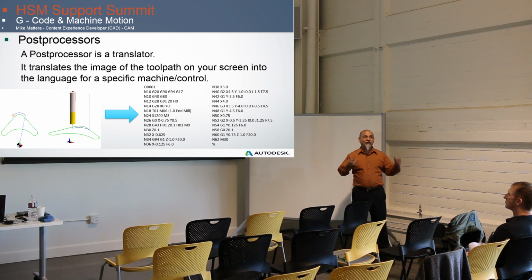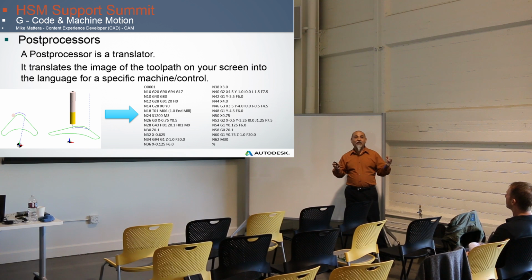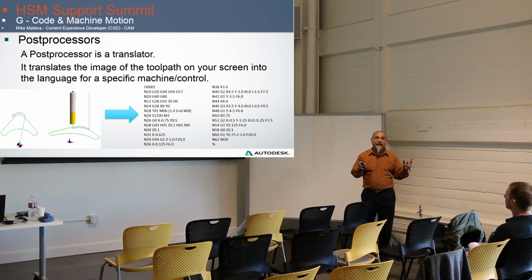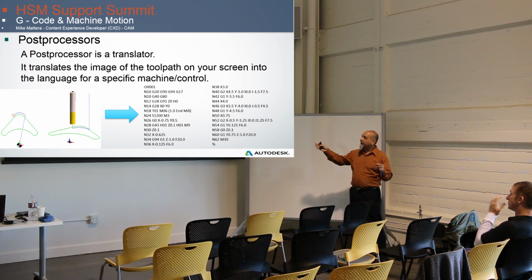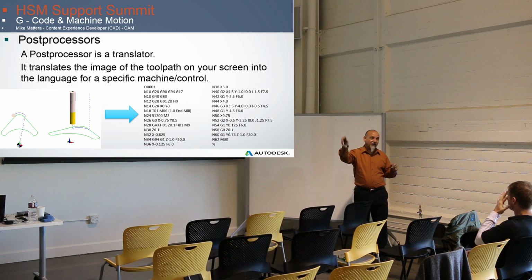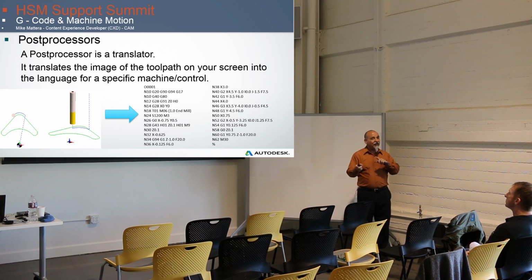Because I don't care how beautifully you can model your part and how cool your toolpath looks on the screen, if you can't output it into something that makes a machine cut that part, then everything you've done prior to that is a cartoon. And we don't do cartoons. We make things. So we need to get the right information out to the machine tool.